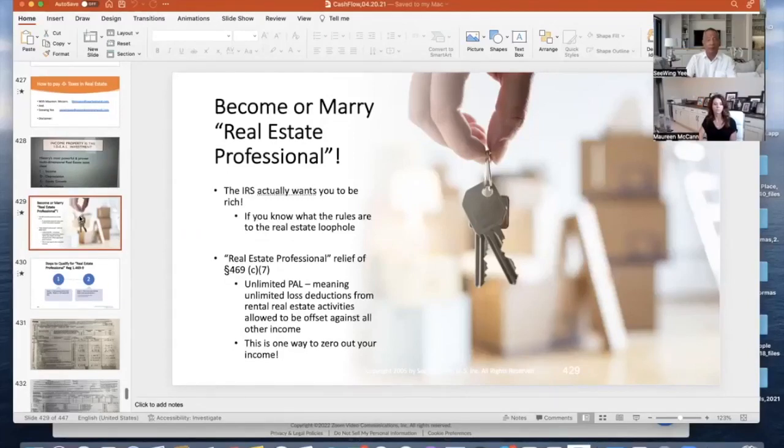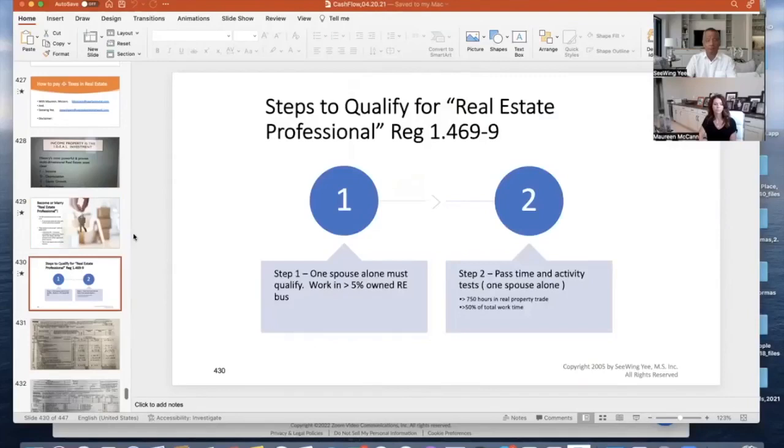So with that in mind, let's go over the rules a little bit. Again, this is only going to be a 15-minute presentation. I can't spend 5 to 10 hours to discuss this. That would not be wise. Steps to qualify as a quote unquote real estate professional. Step 1, in an ideal world, you should be married filing jointly.